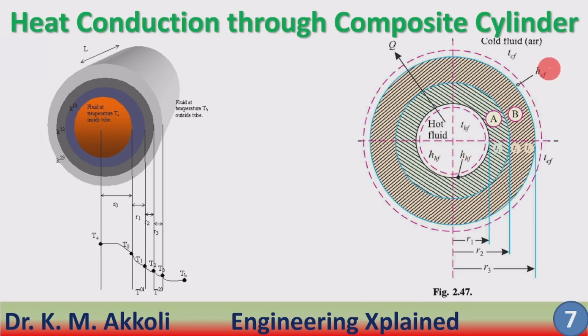And outside there is a cold fluid or air which has the temperature TCF, temperature of the cold fluid, and heat transfer coefficient HCF. And by using the heat conduction equation of the cylinder, we are going to develop the heat conduction equation for the composite cylinder also.